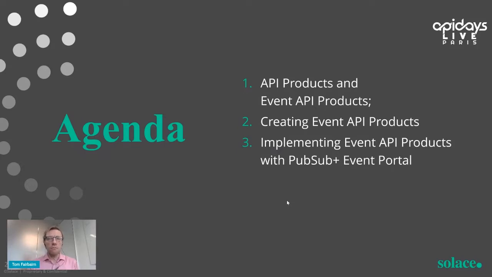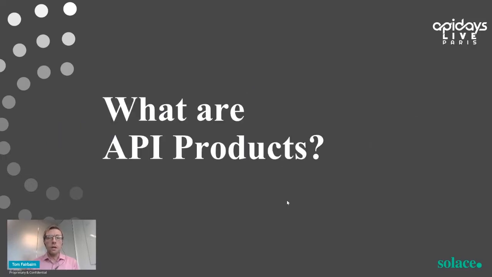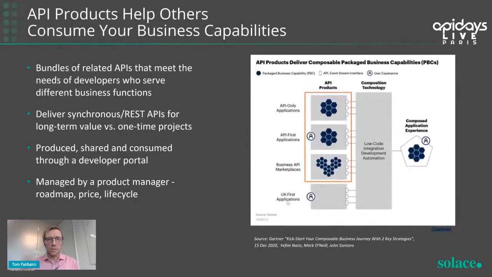Once we've seen that there's an approach to how we can create these event API products, we'll talk about what kind of process and tooling we'll need to create them. Following on, we'll show how we can do that in Solace's toolset in this domain, which is PubSub+ Event Portal.